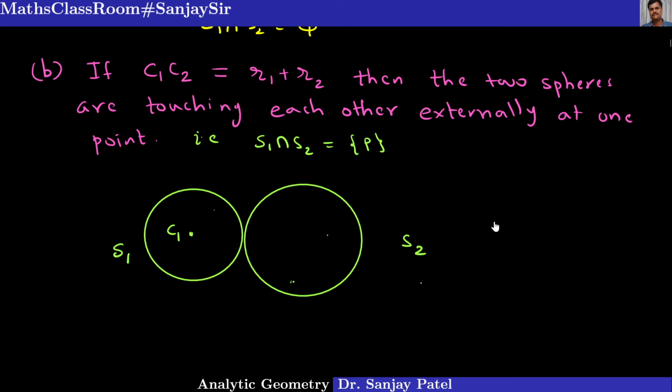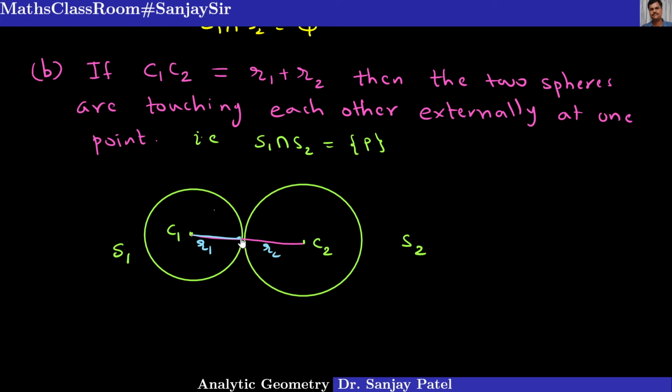In this case, they are touching each other from outside, externally. Remember, both are sets of points, or the surfaces. So this is C2, and this distance C1C2 is equal to R1 plus R2. This distance is R1 and this distance is R2.